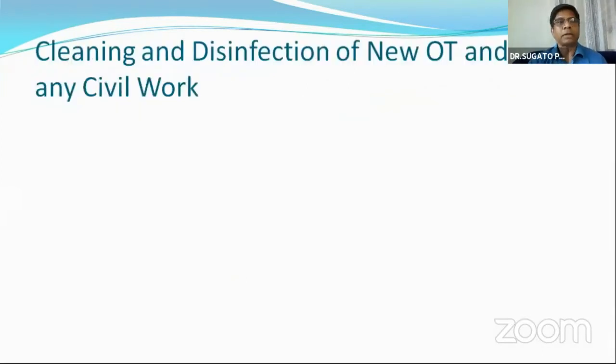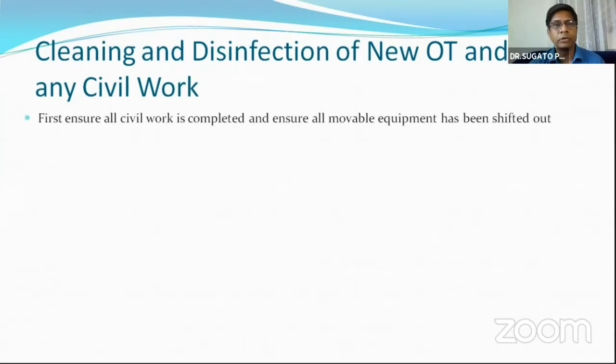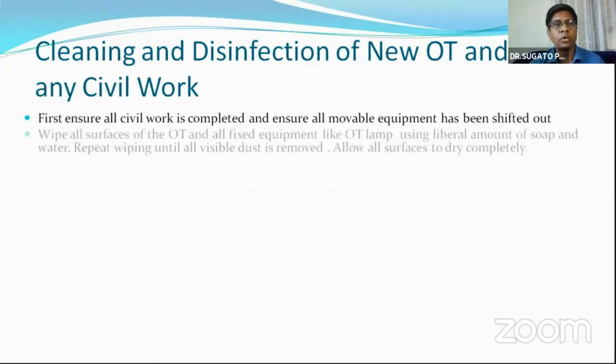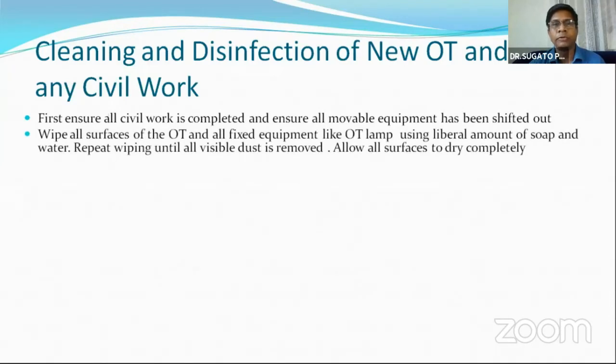Bacillocid. Now, cleaning and disinfection of a new OT is very important, and of any OT after civil work has been done. So for the next few seconds, I'll be talking on that. First, ensure all civil work has been completed and all the movable equipment has been shifted out and cleaned outside the OT. Then wipe all the surfaces of the OT and all fixed equipment like the OT lamp using a liberal amount of soap and water, and repeat wiping until no dust is visible.